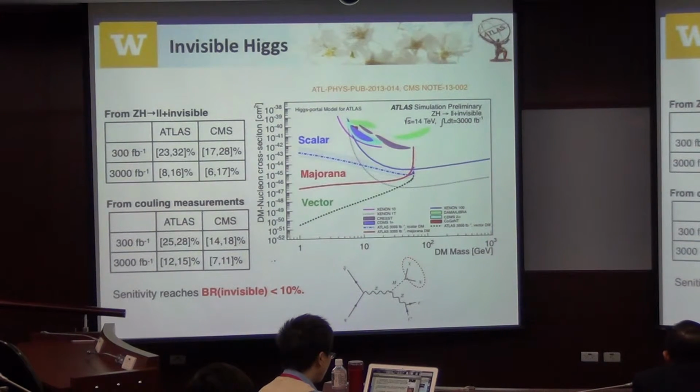So invisible Higgs is here. If we have 300 inverse femtobarns, we can push the constraint to 20%. And then with another decade, with 3,000 inverse femtobarns, we can push to 8%. So if we did not upgrade our machine and just run it this way, to probe the Higgs to ZZ to 4 lepton at 0.12%, we probably need a century or more.